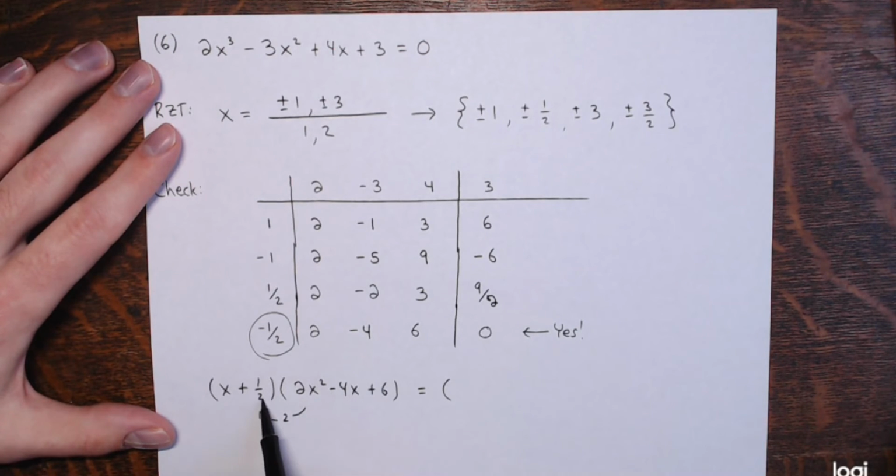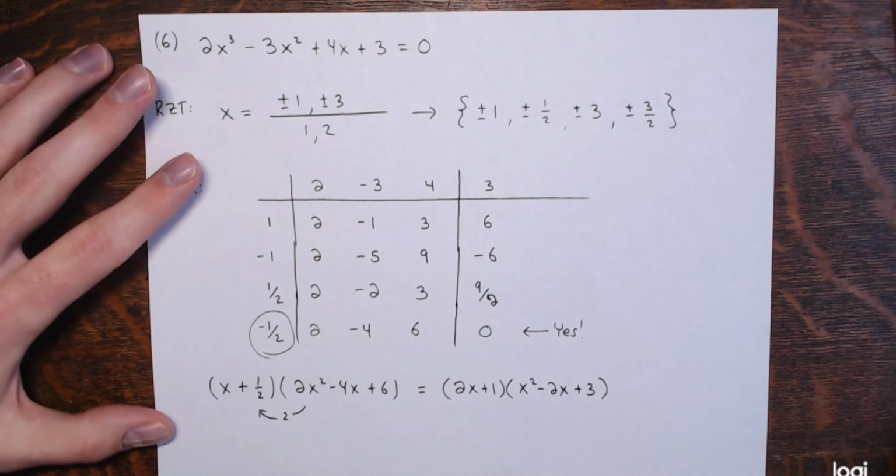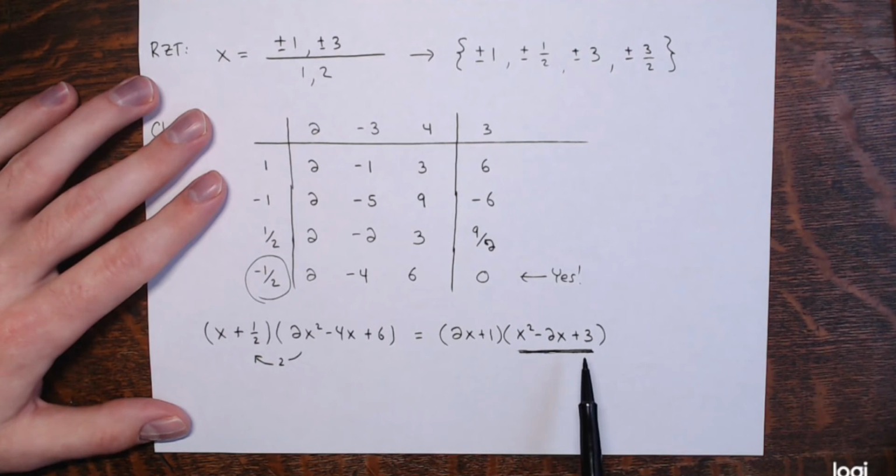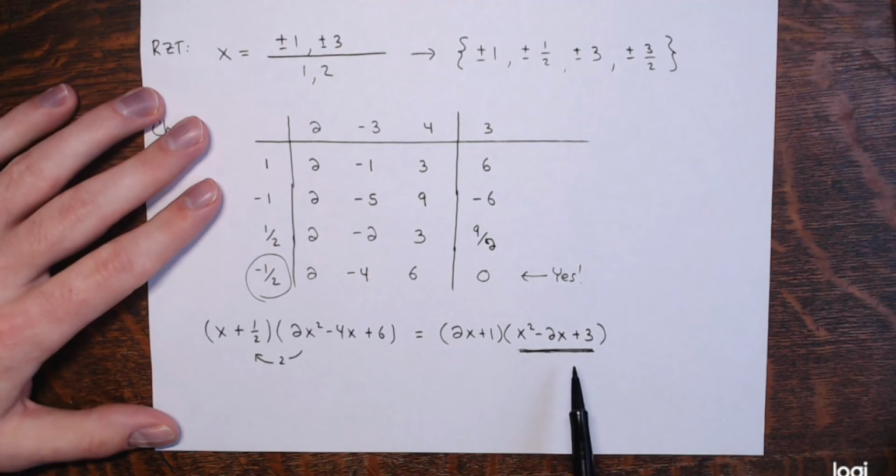So this other one, when I multiply by 2, would be 2x plus 1 times, and then when I factor a 2 out of this, we have x squared minus 2x plus 3. And once again, I have a quadratic factor, x squared minus 2x plus 3, that is not factorable over the integers. There are no factors of 3 that would add up to negative 2.